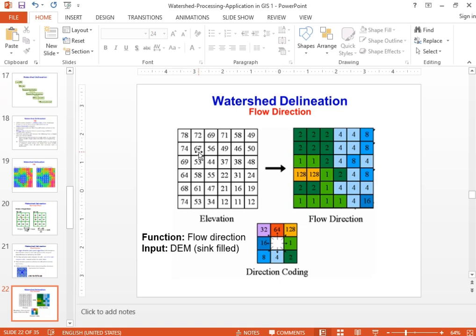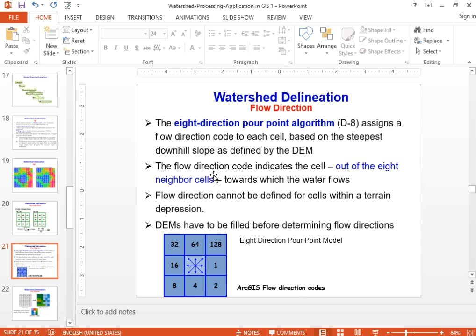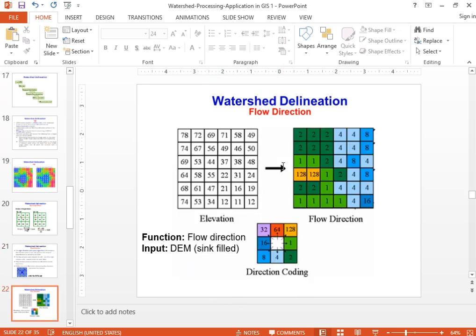If you see the elevations, this one is larger than that of 72 and 74. So the flow direction from this should be to this one. So you should provide 2 for the first cell, that is for this one, 2.